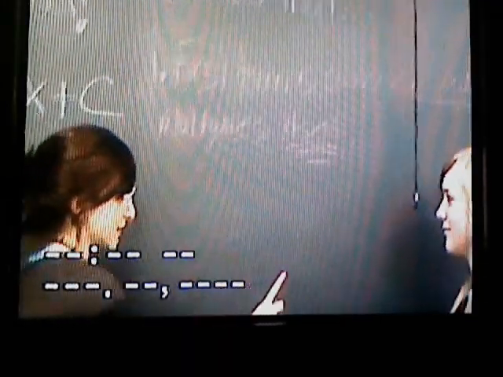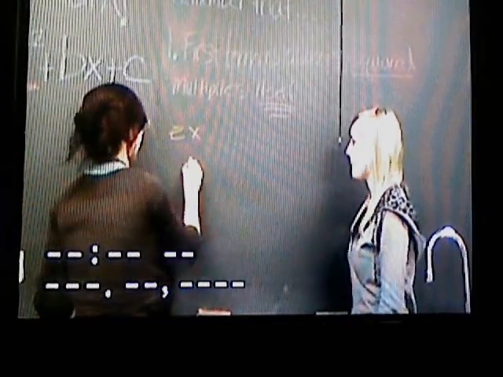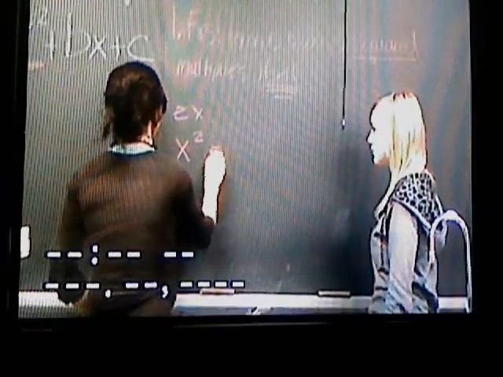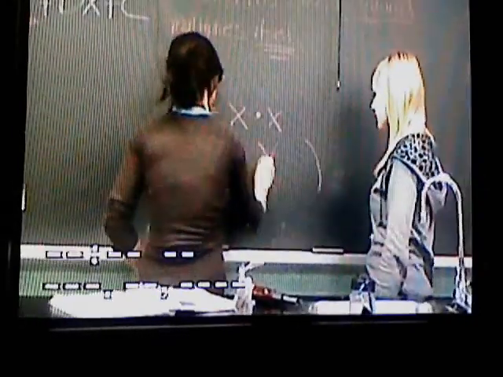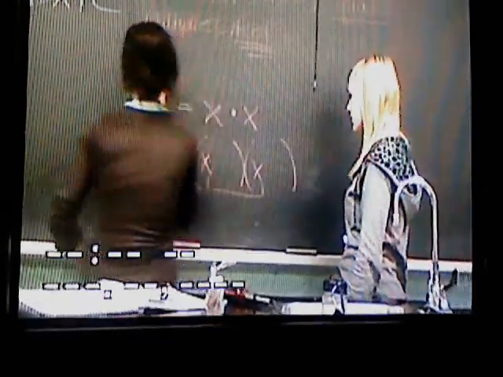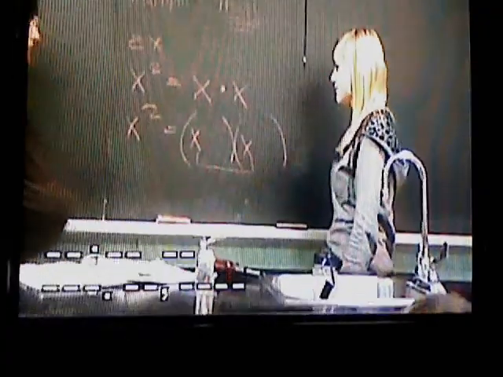So, for example, if you had x squared, that would equal x multiplied by itself, which in the end would always be x, so you can make it x squared.